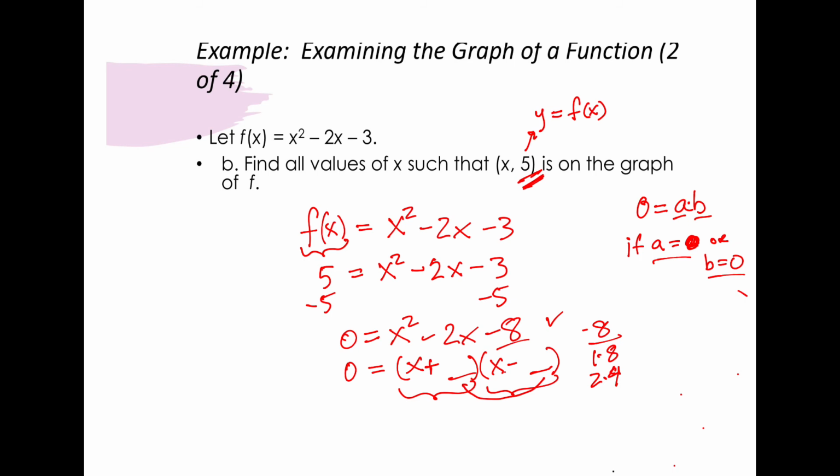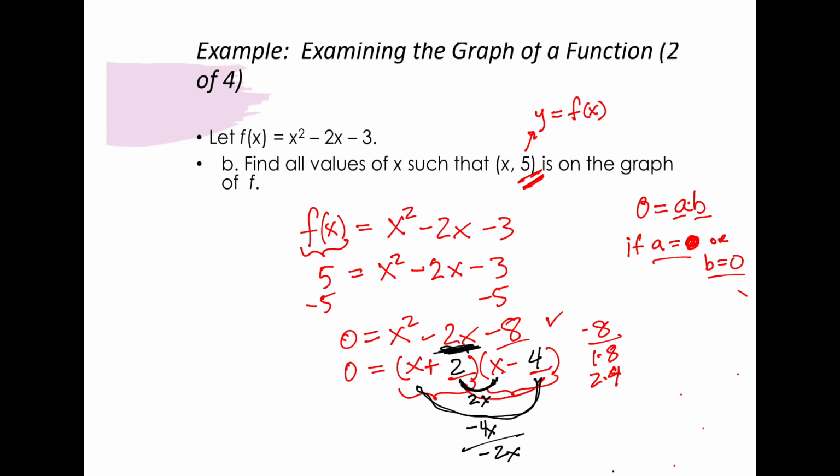And since they're going to have opposite signs, I also want their sums, the inners and the outers, to add up to negative 2. So with different signs, they need to have a difference of 2. And 2 and 4 do. So I'd want to put 4 here, 2 here. We see that 2x and negative 4x results in negative 2x, which is what I wanted here in the center.